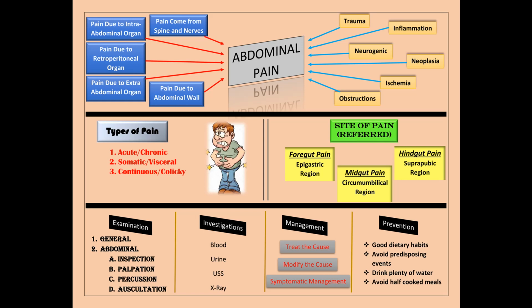Biliary colic is first referred within the right hypochondriac region, and then it radiates towards the back through the thorax. Acute appendicitis is referred early within the circumumbilical region, and then it radiates towards the right inguinal region. In acute pancreatitis, the pain is referred within the circumumbilical region, and then it radiates directly towards the back.